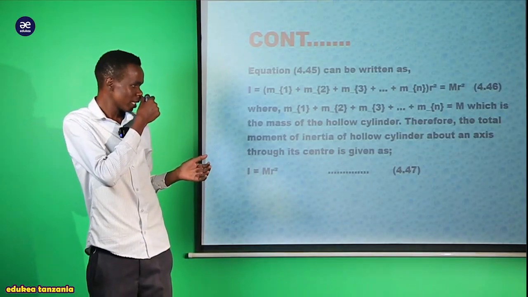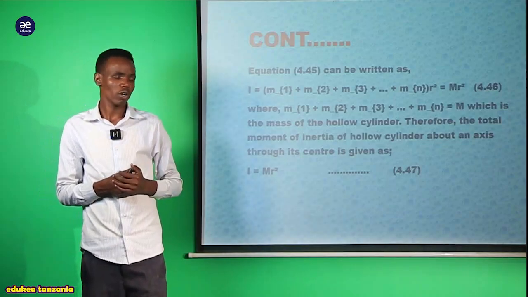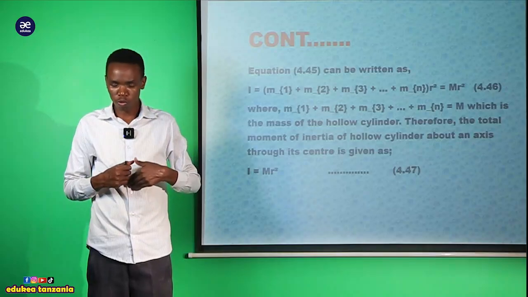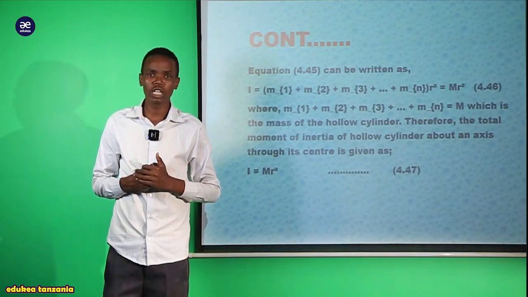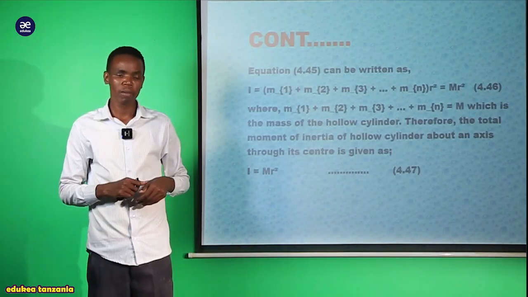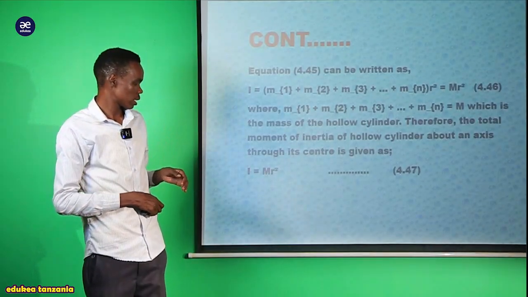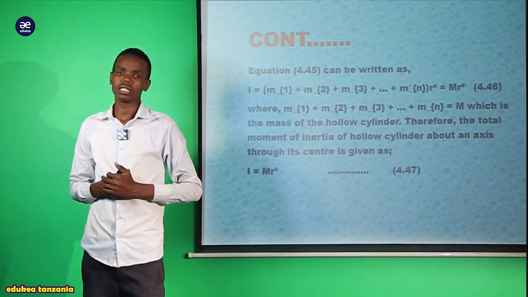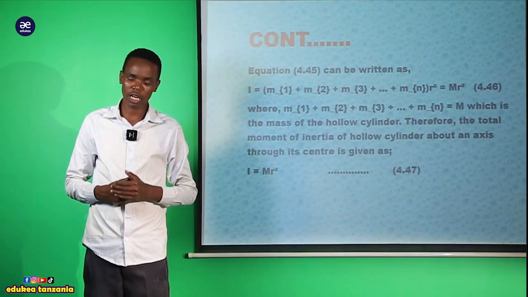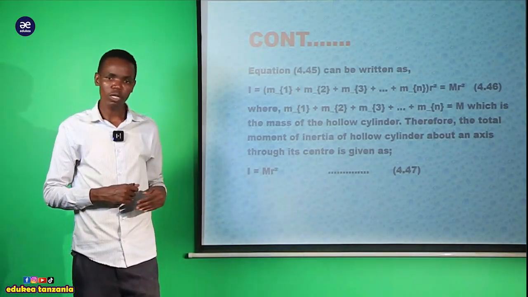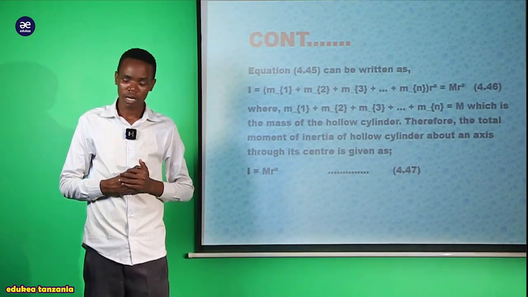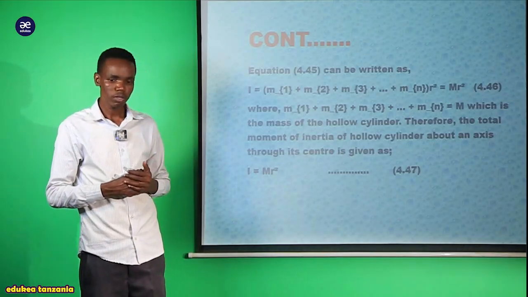We conclude that the moment of inertia of the hollow cylinder about an axis is expressed as I is equal to M r square, where I represents the moment of inertia of the hollow cylinder, M represents the mass of the hollow cylinder, and r represents the radius of the hollow cylinder.